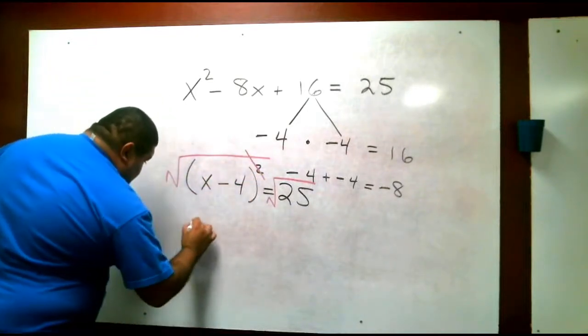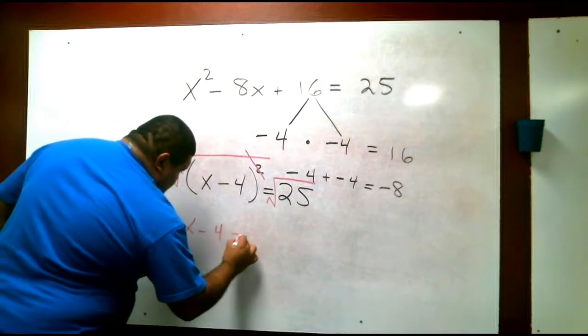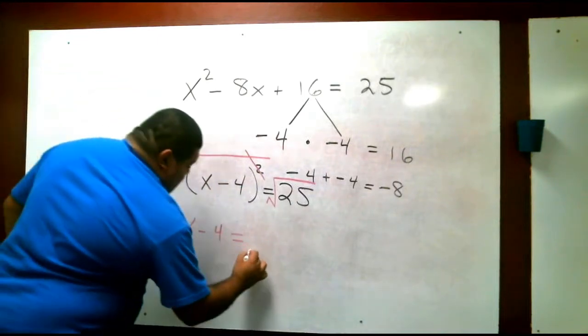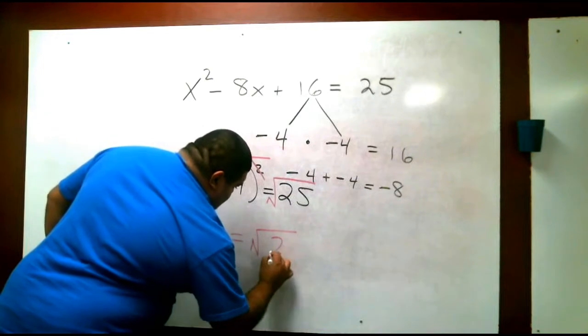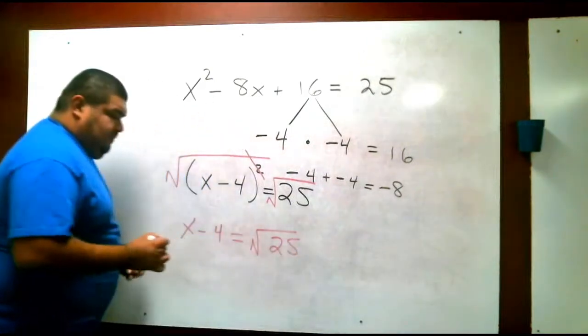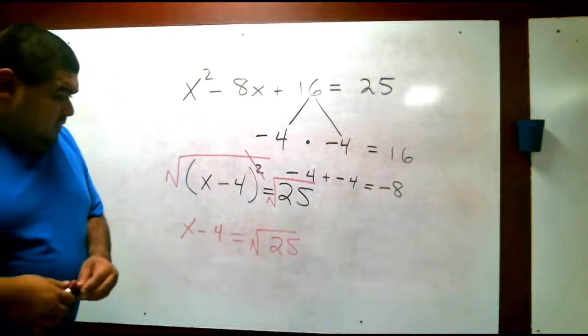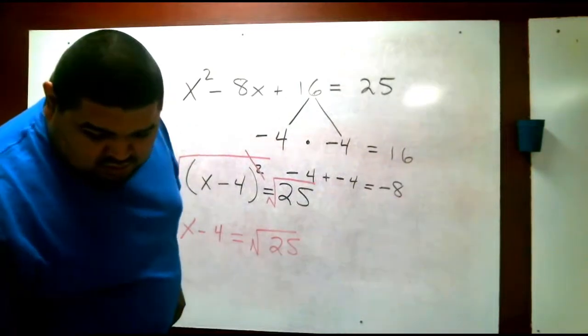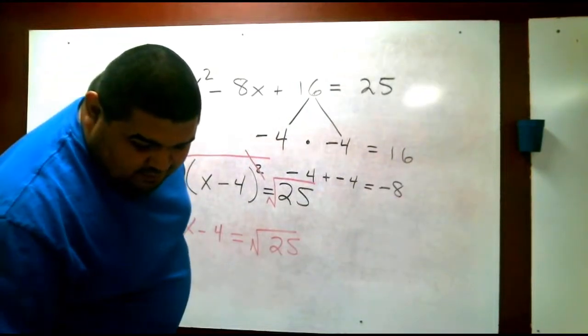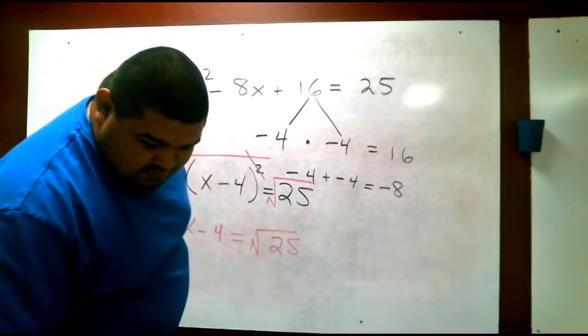We're left with x minus 4 equals the radical of 25.